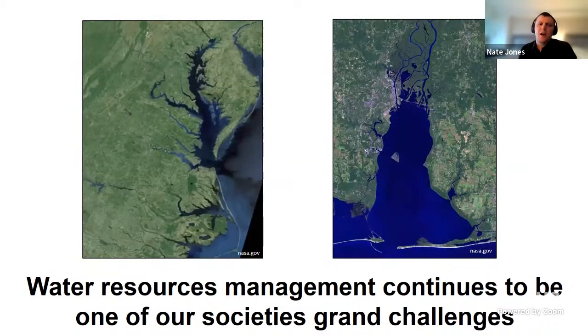And in particular, I've spent a lot of time thinking about downstream water bodies, or how what we do up in the watershed impacts these downstream water bodies. I did my graduate school and both of my postdocs in the Chesapeake Bay, so that's here on the left in the Virginia, Maryland area.